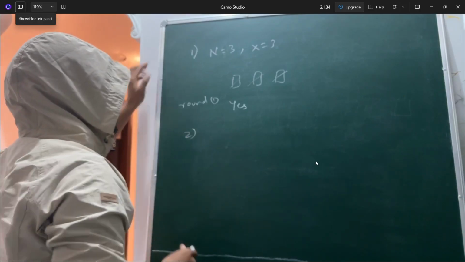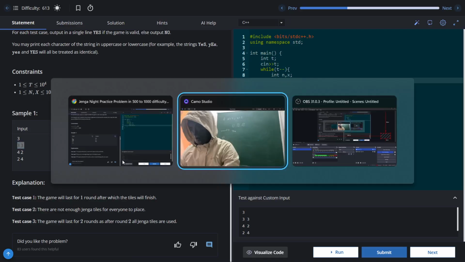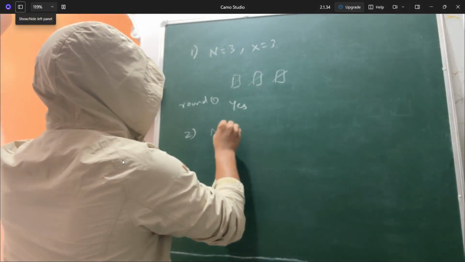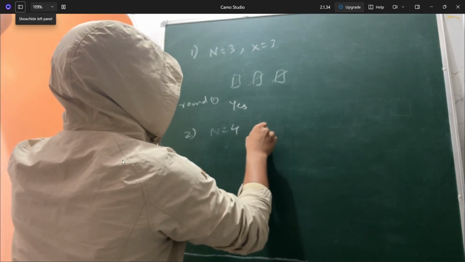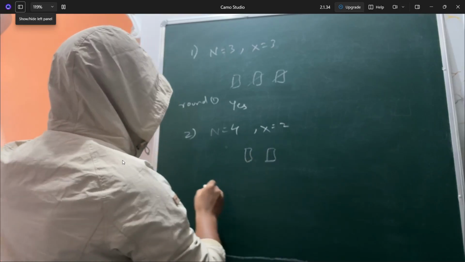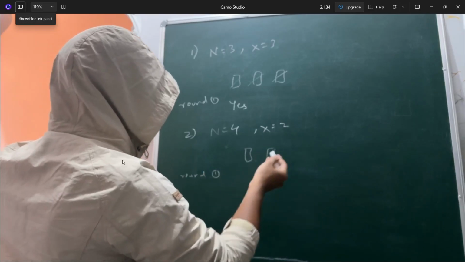Now let's try to understand the second example. 4 and 2. This is interesting, you will understand now clearly. N is 4 and X is 2. So basically what they're saying is we have only 2 tiles, but in round 1, let's say there are 4 people.